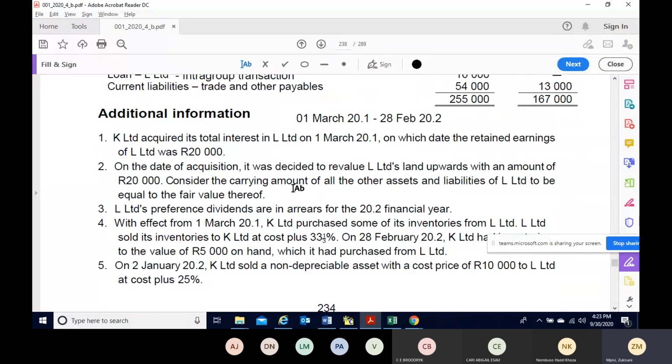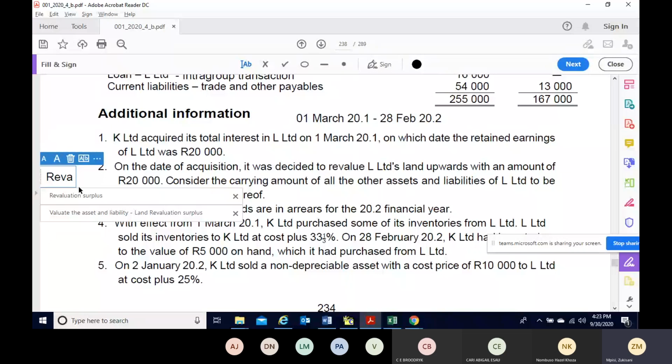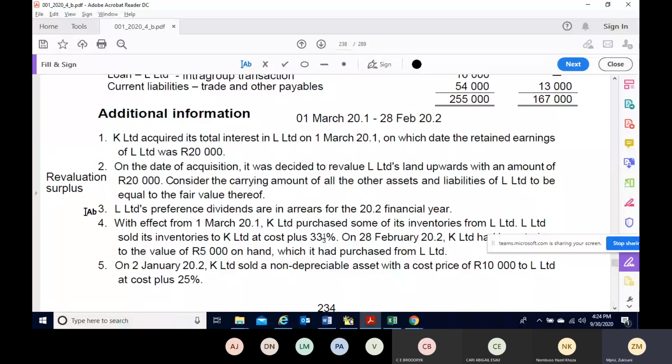On the date of the acquisition, it was decided to revalue LLTD's land upward by an amount of 20,000. So this becomes a revaluation surplus of 20,000.